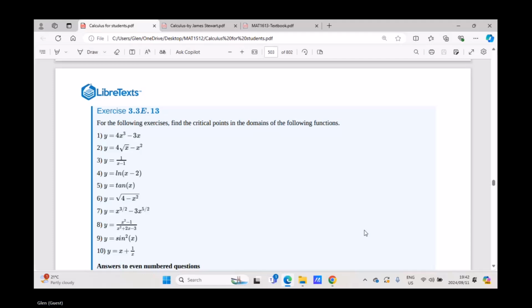Then I multiplied. Since it's squared, I said x plus 3 multiplied by x plus 3, and then I multiplied.